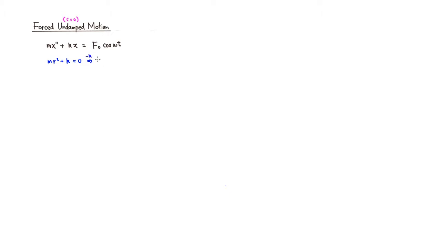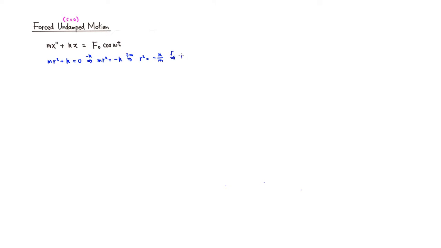Then we have m r squared is equal to negative k. And then divide through by m. We get r squared is equal to negative k over m. And then we can take the square root of both sides.